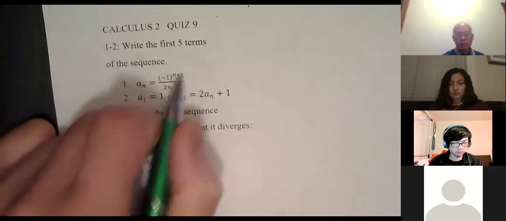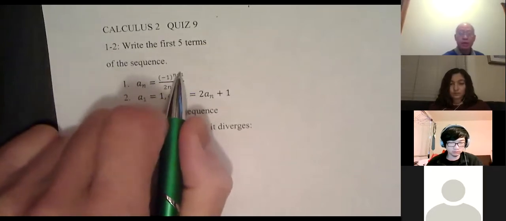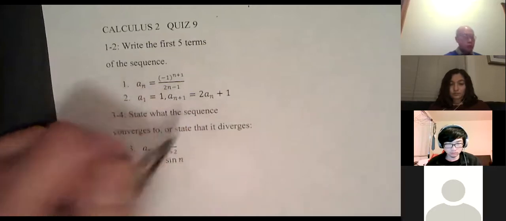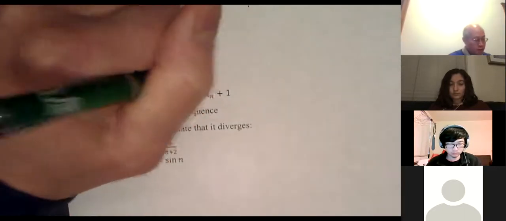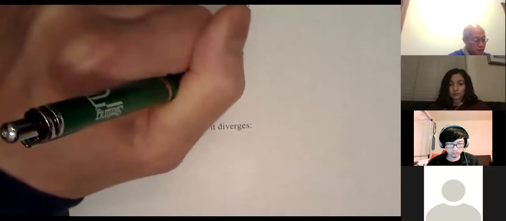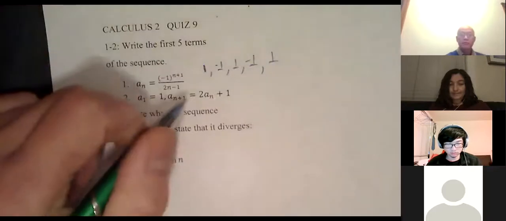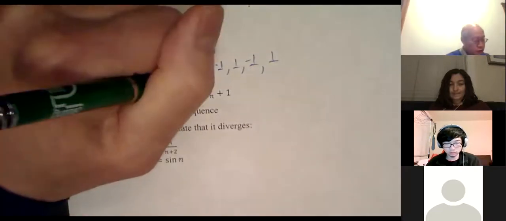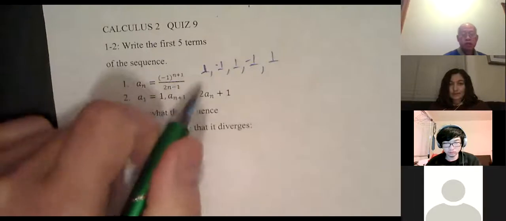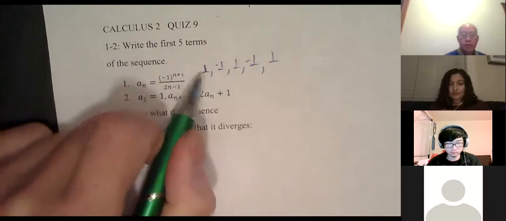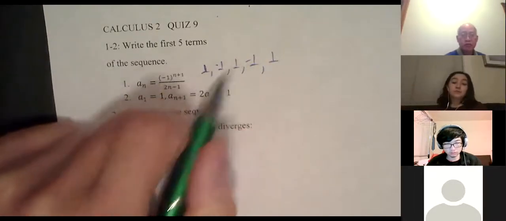You could also do n minus 1, but if you left it as -1 to the n, that makes the first term negative. So it starts off with a positive: 1, -1, 1, -1, 1. It just alternates.